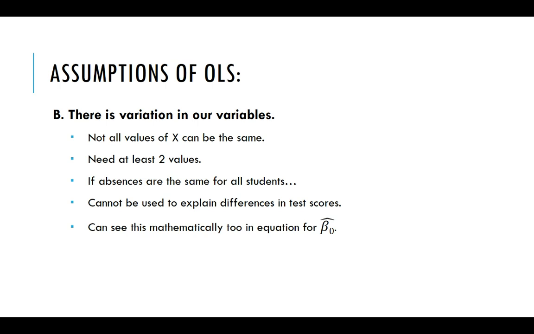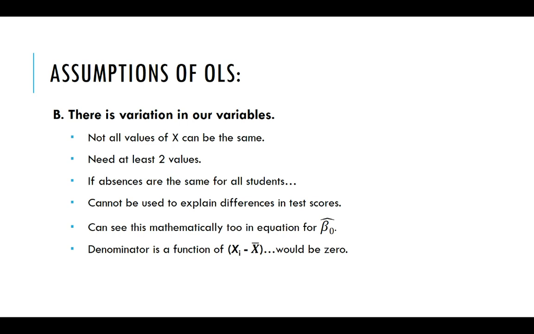Now, we can see this mathematically too if we look at the equation for estimating betas. This says beta 0, but it could be beta 1. It doesn't matter. In the denominator of that equation, we have x i minus x bar. X i would be absences for student i. X bar would be the average absences.